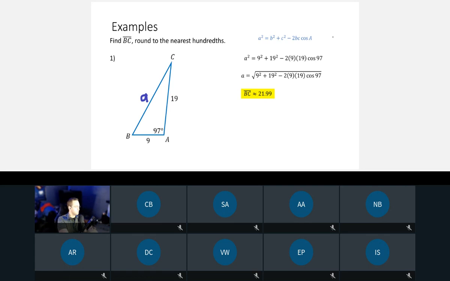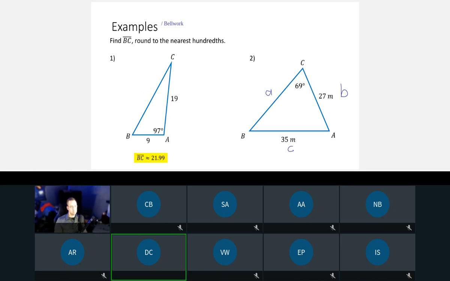We could not use law of sines because we would basically have two variables in our setup, and that would be a major problem, right? Trying to solve for one variable when you actually have two in your equation, that's bad.